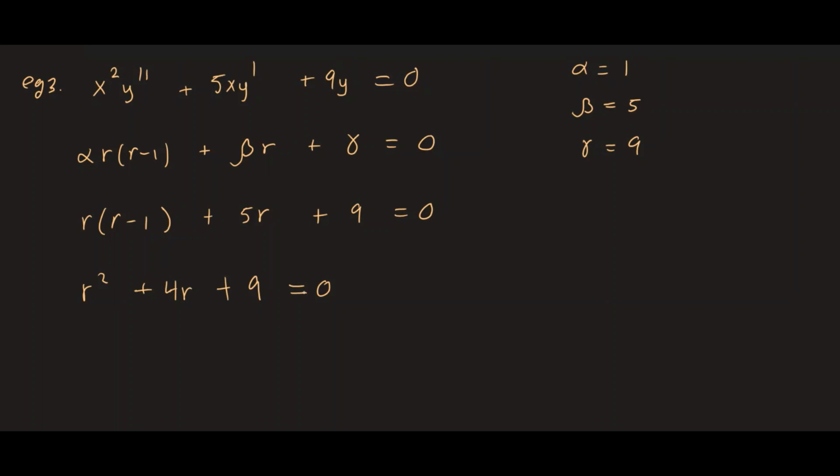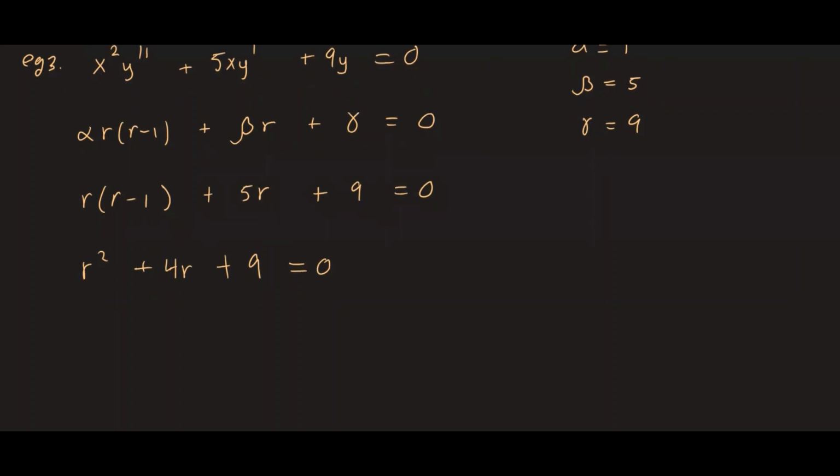We're going to use the quadratic formula to find r. So r is going to be negative 4 plus or minus the square root of 4 squared, that's 16, minus 4 times 1 times 9, all over 2 times 1. So that's the quadratic formula.